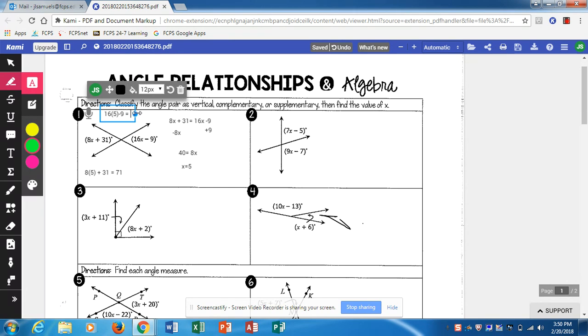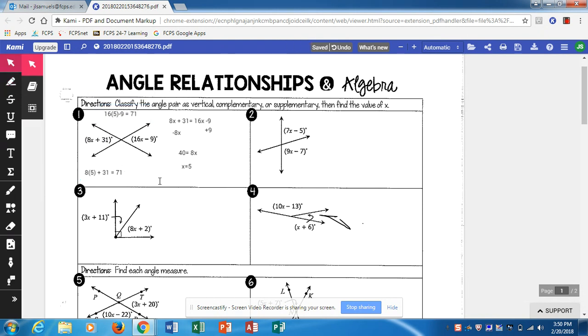As you can see, these two angles have a relationship of being vertical, and when we substitute in the 5, both of them equaled 71.